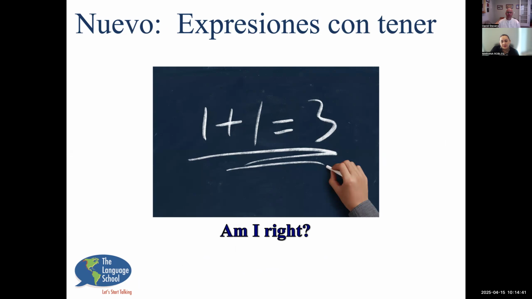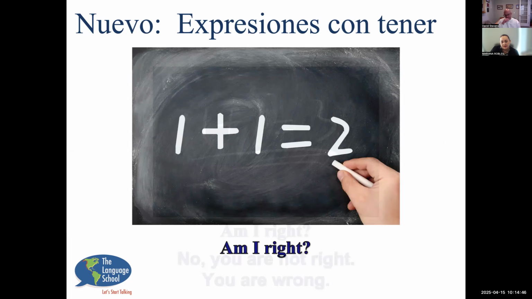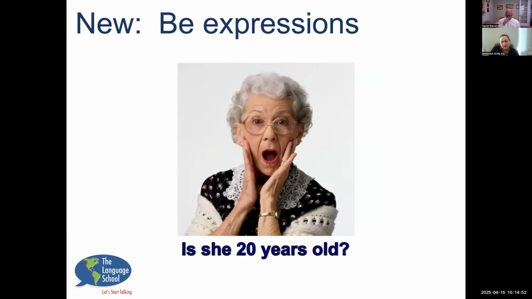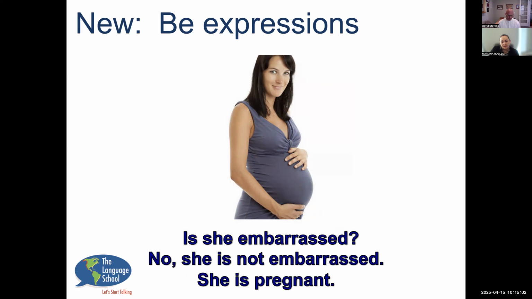No, you are not right. 1 + 1 = 2, am I right? Yes, you are right. Is she 20 years old? No, she is not 20 years old. Is she embarrassed? No, she is not embarrassed. She is pregnant.